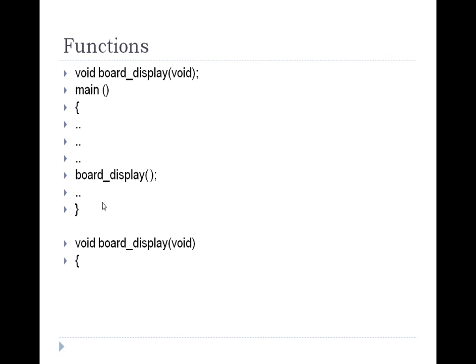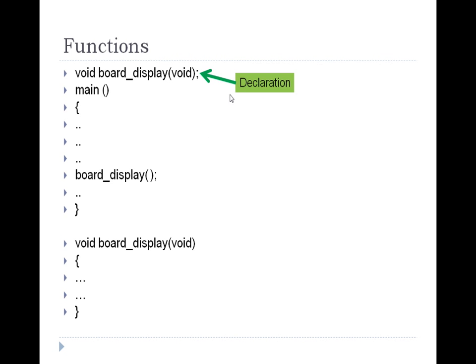And the implementation of board display is after the closing brace of the main. This is the opening brace and this is the closing brace of the main program. This ends, so the main function has ended and a new function, void board display, begins here. This is the declaration. What is the declaration?